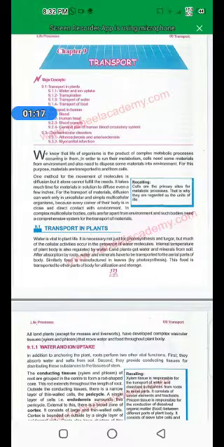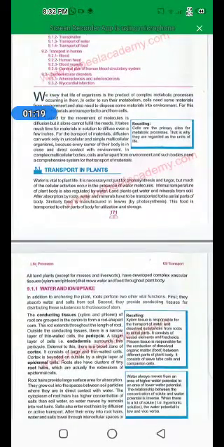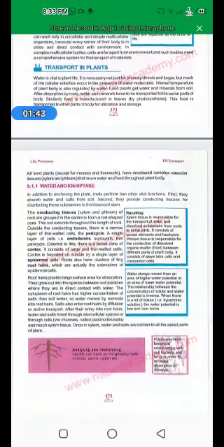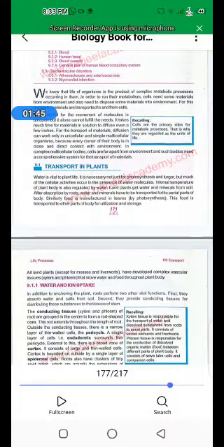In simple multicellular or unicellular organisms, the cells are always in contact with their environment. So it is very easy for them to take in material from the environment or to dispose of the excretory product to the environment. But in multicellular organisms, there are some modes of communication or transport into the body.